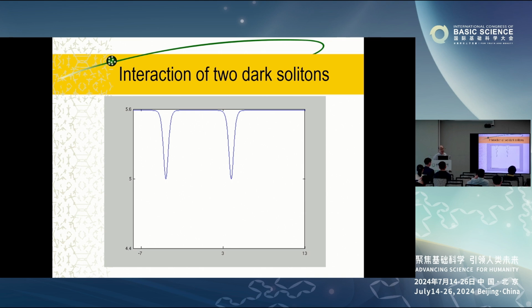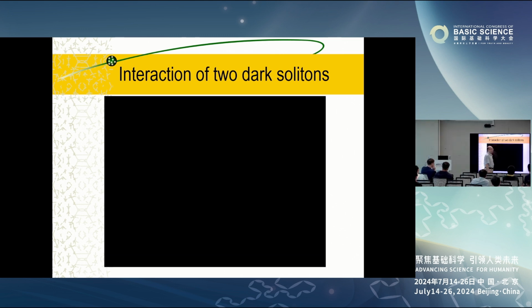Initially I have two dark solitons with the same height. One doesn't move, and one will move towards the right. When they meet, they interact. Then, if you study the phase carefully, the one initially on the left, they meet and they penetrate.